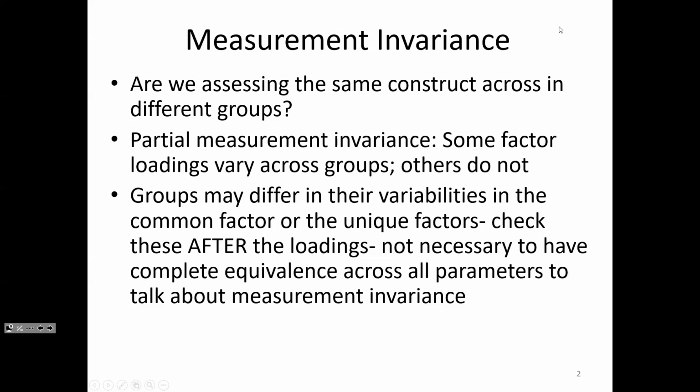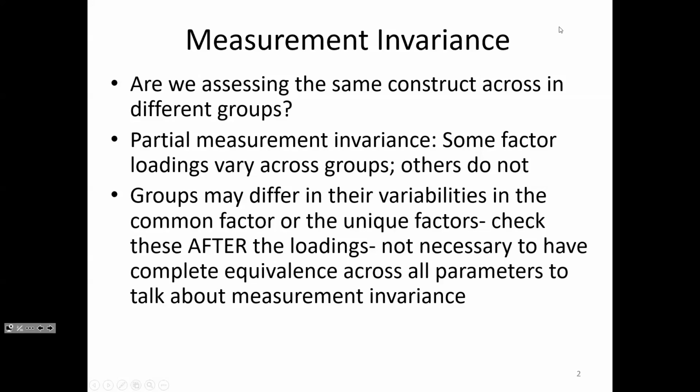Okay. All right. So again, just to remind ourselves, last week we talked about measurement invariance, where we're really thinking, are we measuring the same thing across groups? Are we assessing the same construct in the same ways? And just to remind ourselves that there is this thing called partial measurement invariance, where we find that some of our parameters are allowed to vary across groups, but others don't.